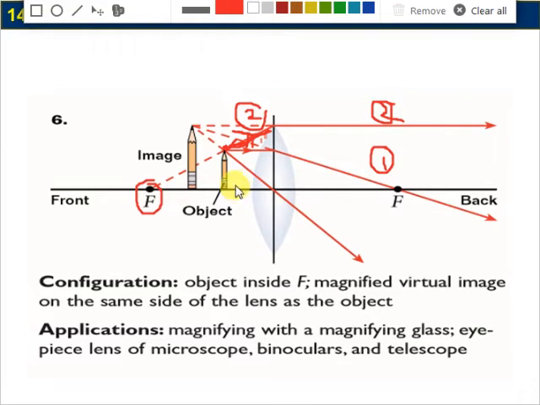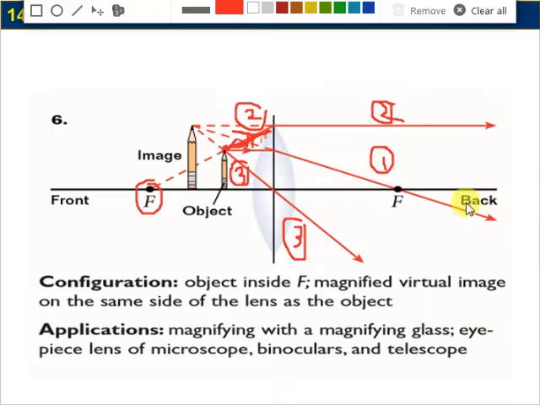The third, what is the third? We said, girls, any ray that passes through the center of the lens, the optical center, will continue without any refraction. So this is the easiest ray, I think. This is the third refracted ray. So girls, here when you compare these rays together, you can notice that they can't meet, even if you extend them.